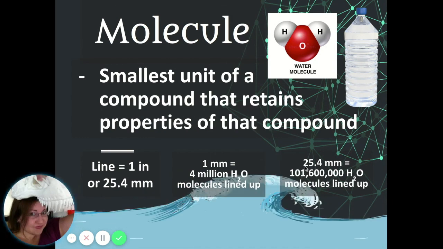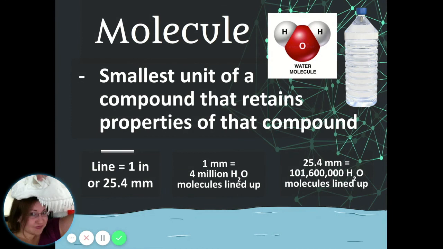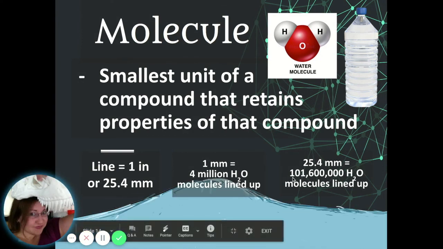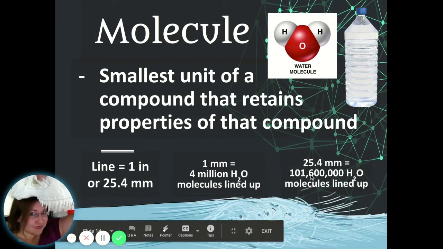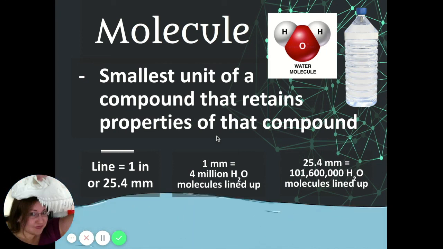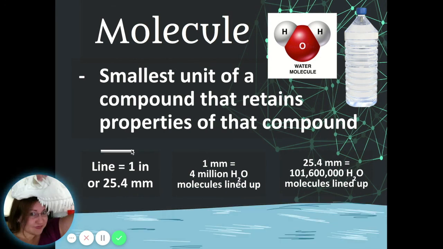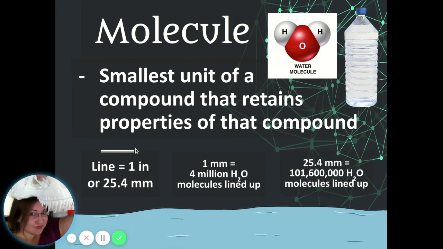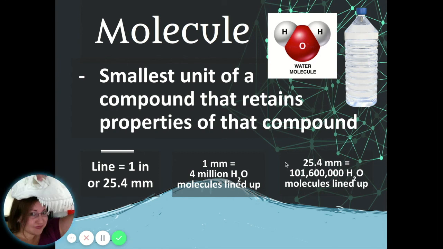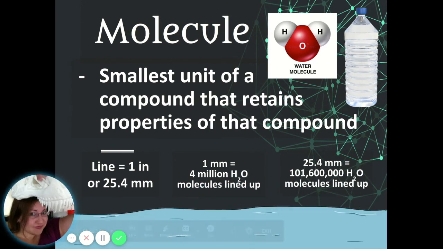So in 25.4 millimeters, we're going to have 101,600,000 water molecules. While we have this line right here, this represents 1 inch, and that's going to represent 101,600,000 water molecules.